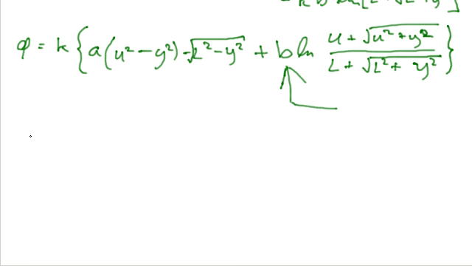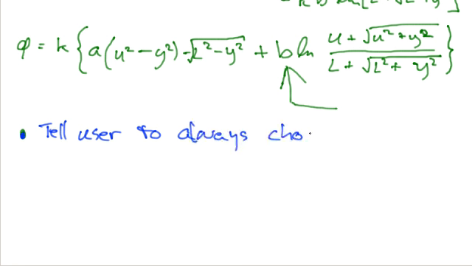I'll just, as a bullet point, tell the user to always choose b equal to 0.